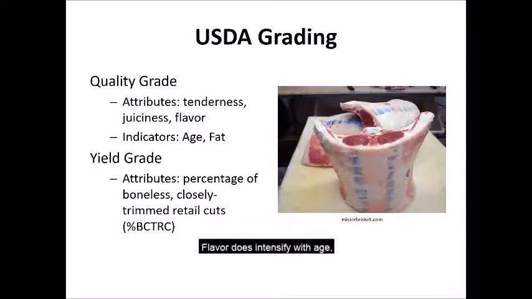Flavor does intensify with age, and sometimes that's preferable, sometimes it's not, but we've got grading systems to account for that. Indicators of quality grade are age and fat. Indicators of yield grade that indicate the attribute of percentage of boneless, closely trimmed retail cuts, yield grade is driven exclusively by fat.